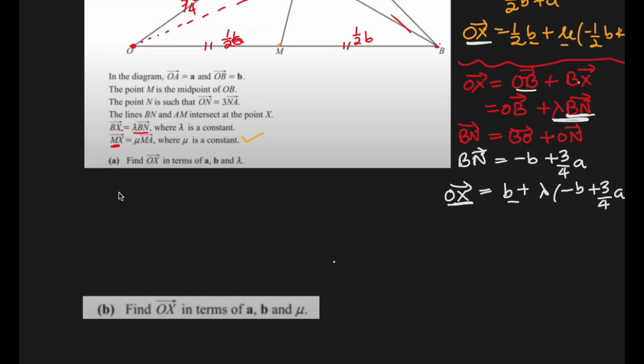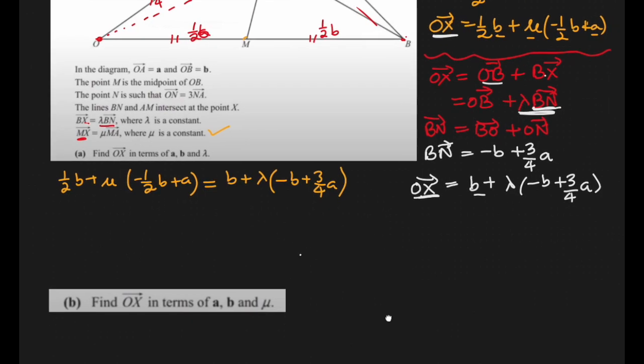So this is OX: half B plus mu times minus half B plus A, equal to the same OX, which is B plus lambda times minus B plus 3/4 of A. So I got the OX equation from both sides and equated them.